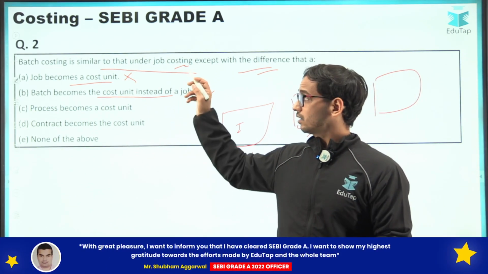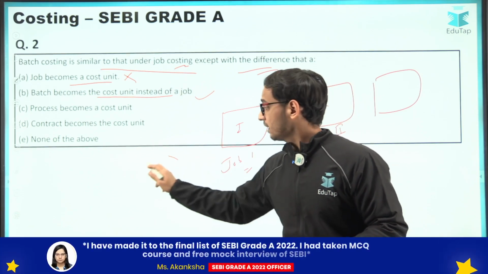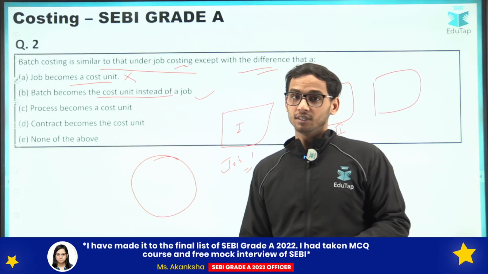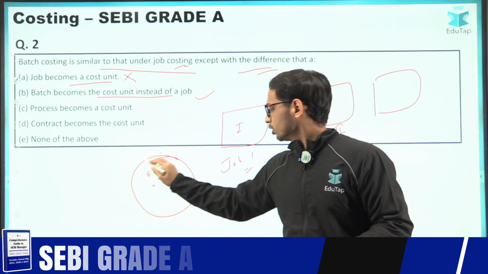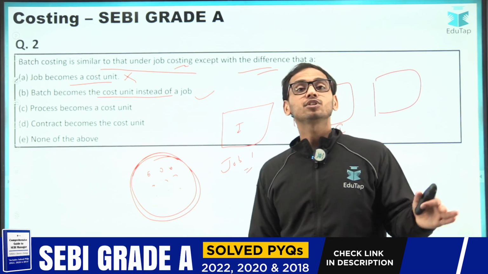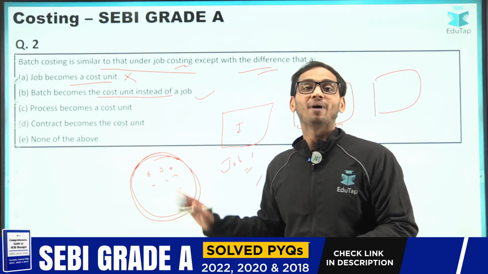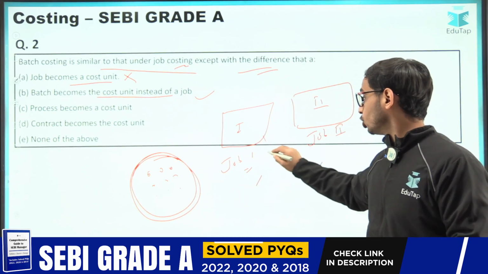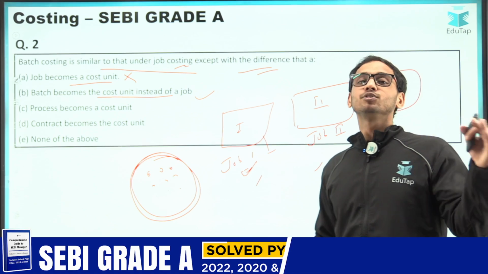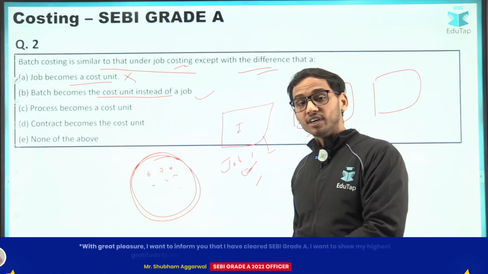But in batch costing, the complete batch will be costed. It consists of a number of units. So the batch becomes the cost unit in batch costing, but as far as job costing is concerned, the job itself becomes the cost unit.